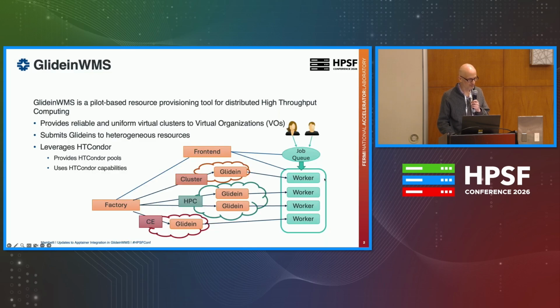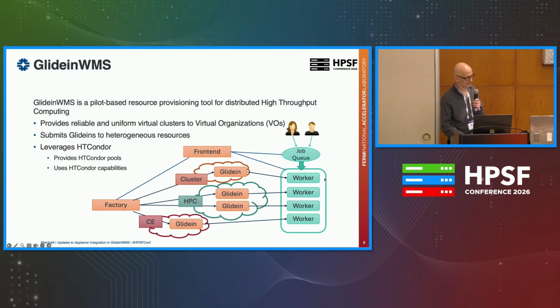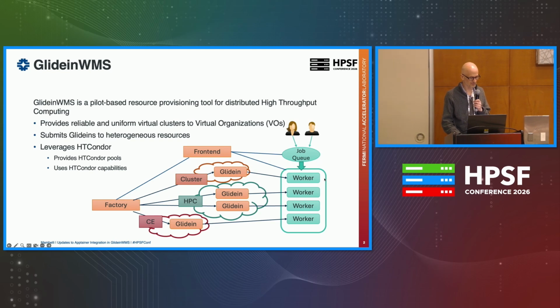So just a review, GlideinWMS is a pilot-based resource provisioning tool for distributed high-throughput computing. We provide reliable and uniform virtual clusters that the organization can use to submit and run their jobs. We submit the Glidein, that's our base component, to heterogeneous resources.